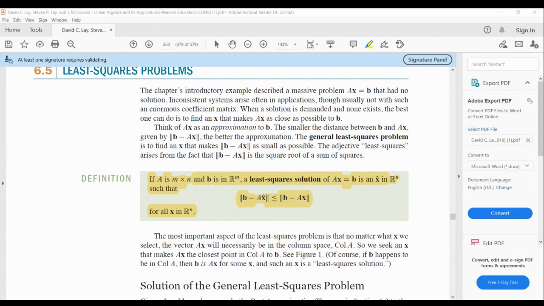I mean, if we cannot get an exact solution for the vector x, the best we can do is get the least squares solution.